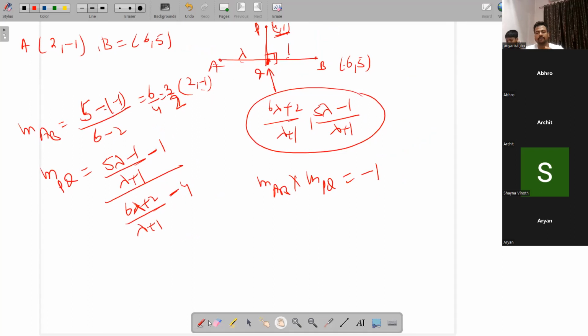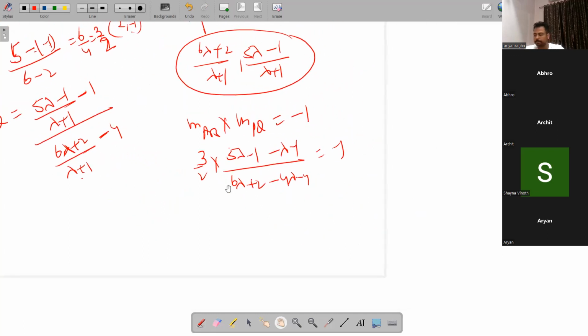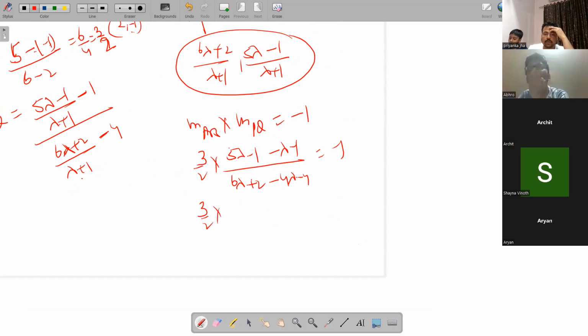Just put it here and solve. So this is 3 by 2 multiplied by, just take LCM, 5 lambda minus 1 minus lambda minus 1; lambda plus 1 and lambda plus 1 cancel. This is 6 lambda plus 2 minus 4 lambda minus 4 equal to minus 1. Solve this: 3 by 2 into (4 lambda minus 2) upon (2 lambda minus 2) equal to minus 1.